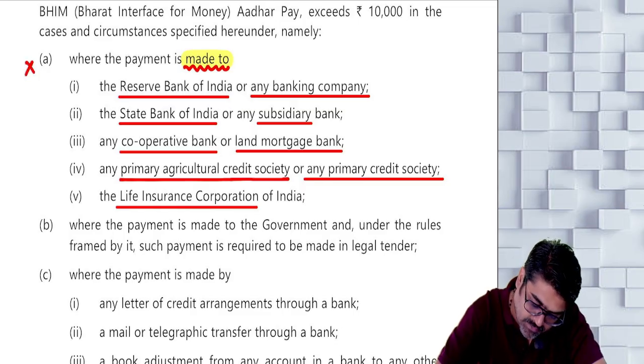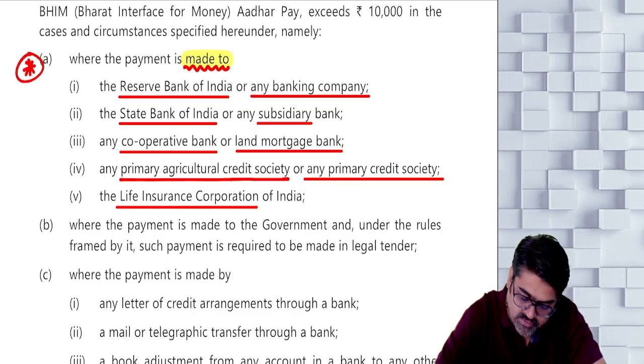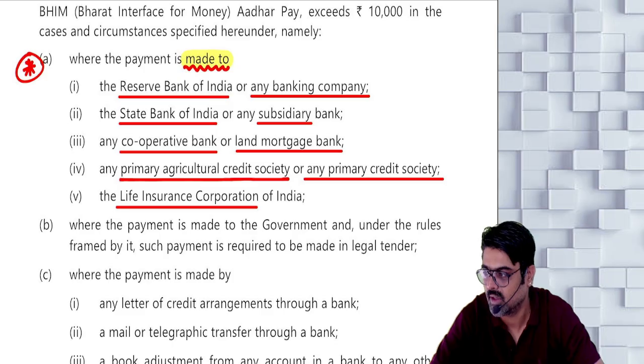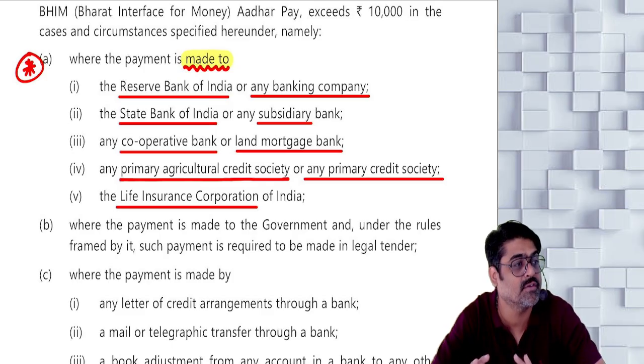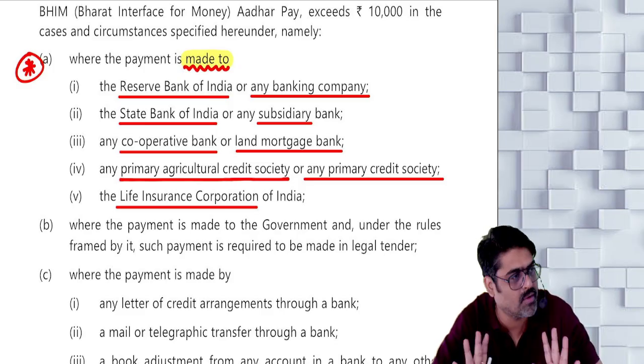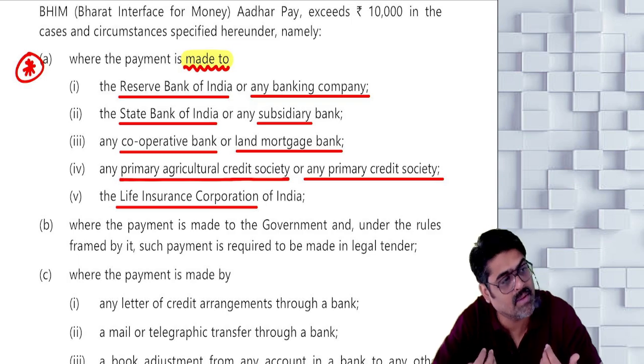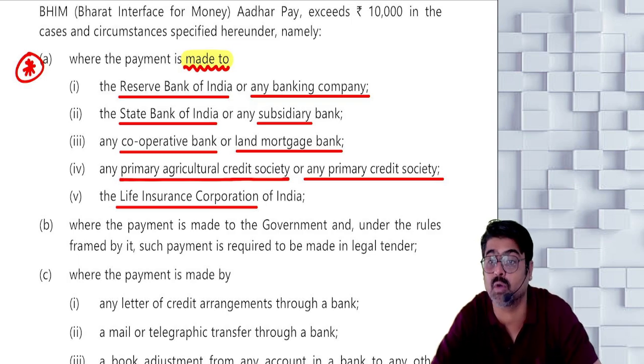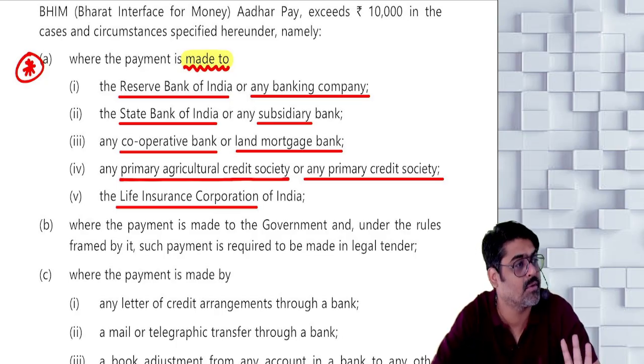Mark this point as important. For your business expense, if you are making the payment to any of these payees, then whatever the amount of that payment, even if the payment is more than 10,000, yes or no, and even if the payment is not made by a prescribed mode, that payment will be allowed as a deduction.